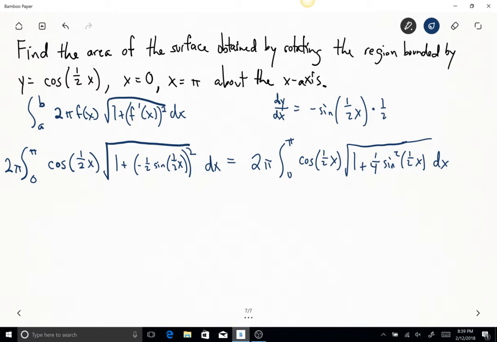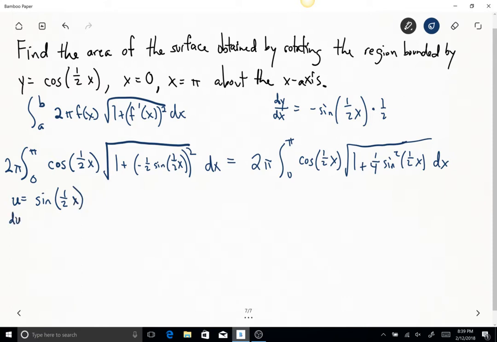So what we'll do to solve this from here is use a u substitution. What makes this really nasty is that sine squared on the inside of that square root. So my recommendation would be let u equal sine of 1/2 x.